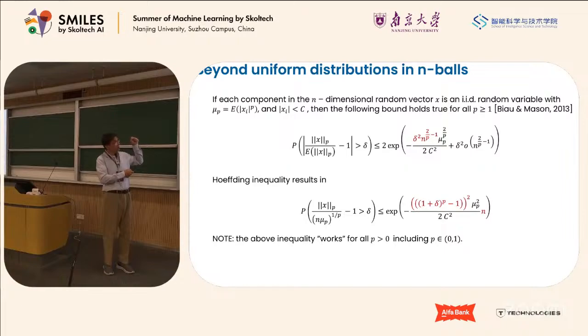This ratio, the probability that this ratio minus 1 in absolute value deviates by delta from 0, is less or equal than some exponential. And the important thing here is that this exponential is in dimension, unfortunately.